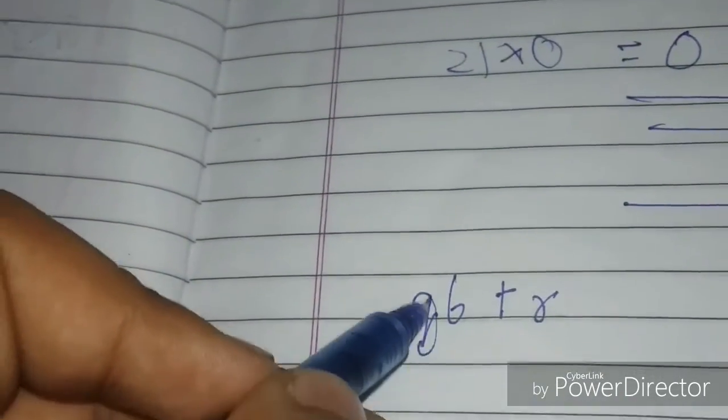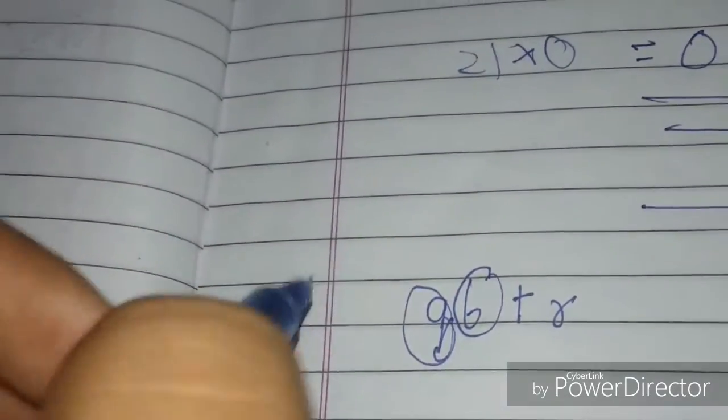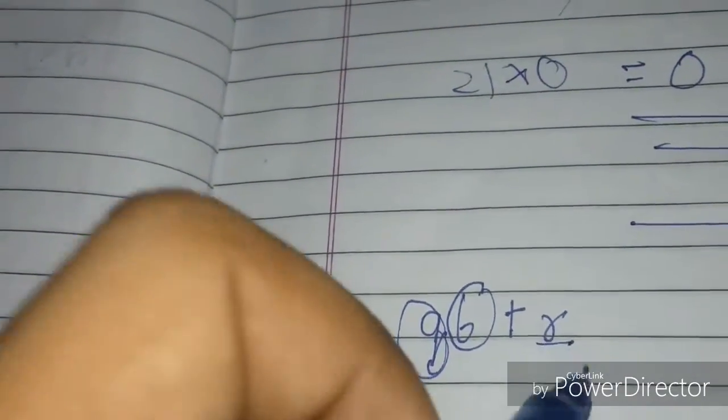But then Euclid's division lemma gets things haywire. Let's see how. Euclid's division lemma says that any number can be written in the form of qb plus r, where q is a number, b is another number which is multiplied by q, and r is the remainder.